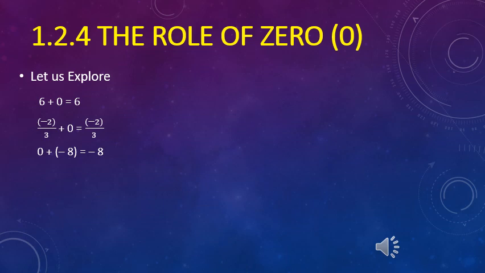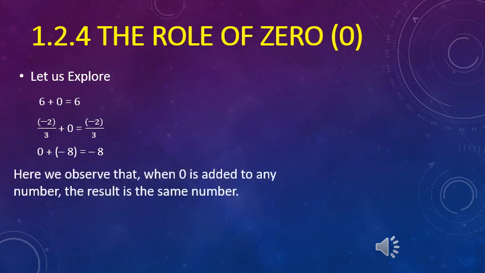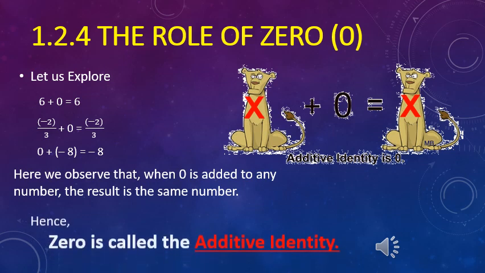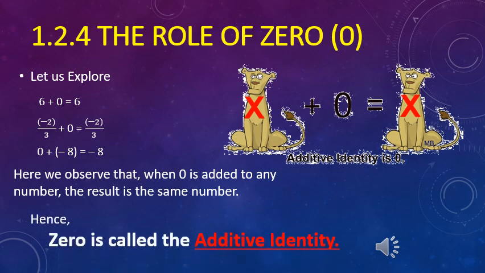Here we observe that when 0 is added to any number, we get the result as the same number. Hence, we can say that 0 is the additive identity for all set of numbers.